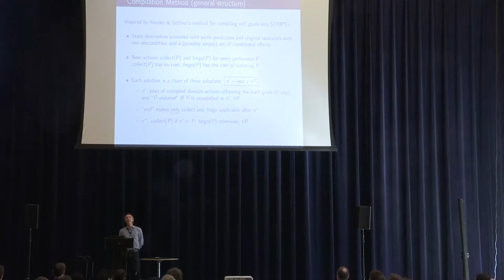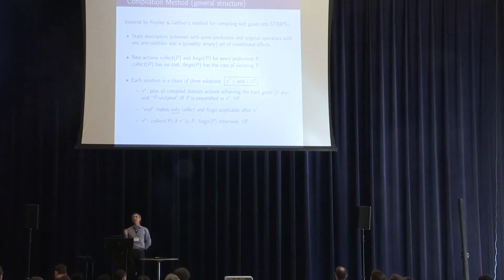We have two special actions, forgo and collect, for each preference, where collect P represents the fact that the preference is satisfied in the plan, and forgo P represents that the preference is violated in the plan. Each solution is forced to be a sequence of 3 subplans.